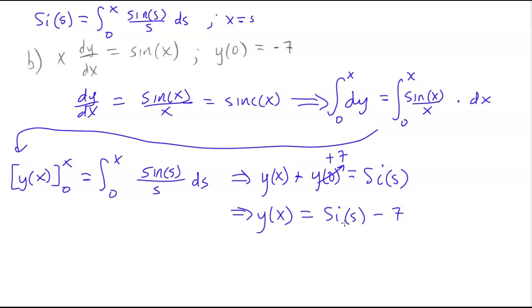And so from here, since x and s are equal to the same thing, this would just be this at the end of the day. And I just want to make sure I got all of my signs right here. Yep, so that is it.